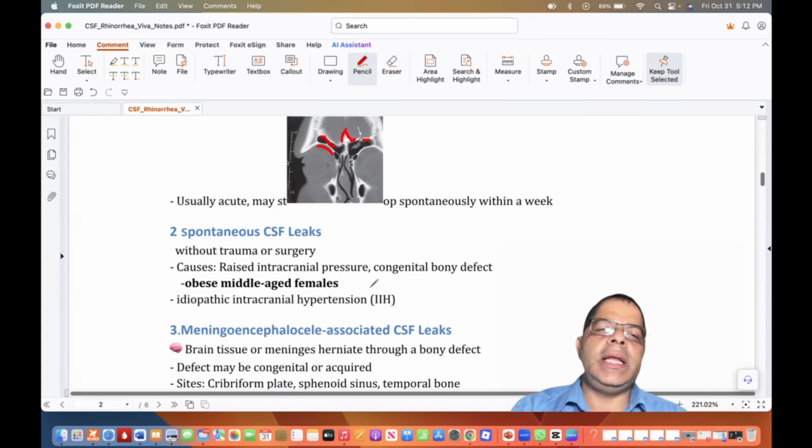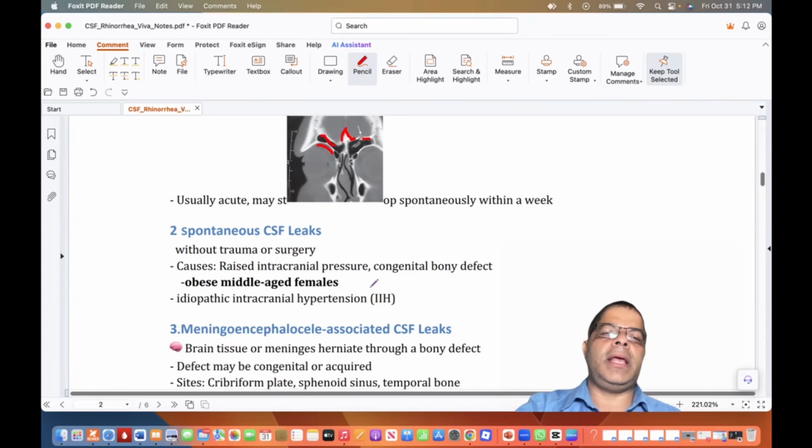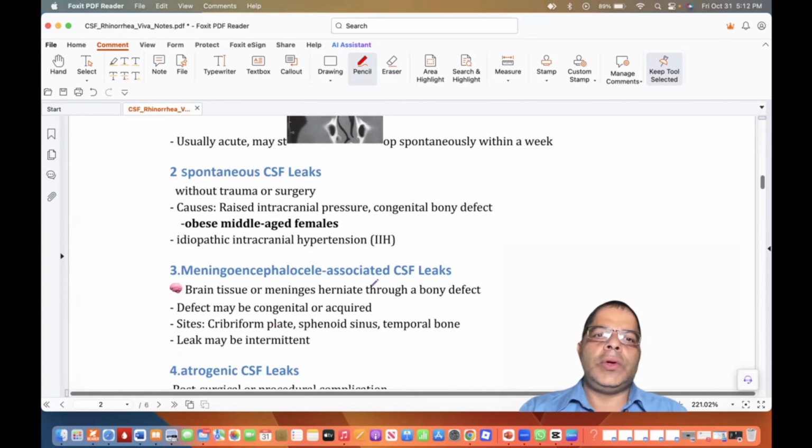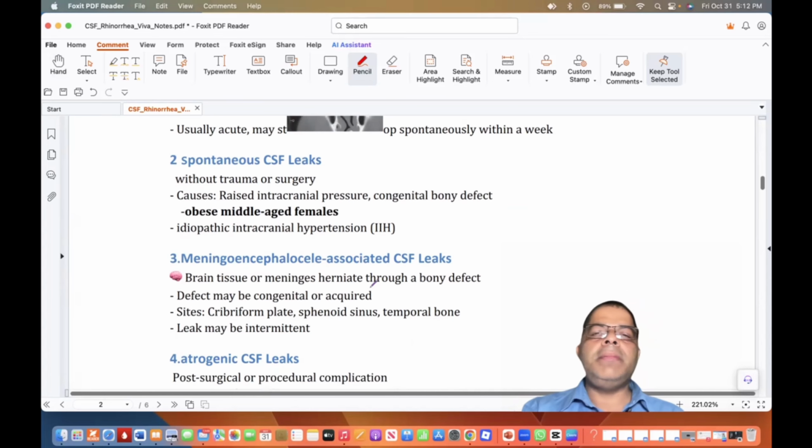The other type is spontaneous CSF leak. Here there is no trauma and no surgery, but there is a CSF leak. How is it possible? There is a rise in intracranial pressure. Maybe there is a congenital defect also, but I focus on the rise in intracranial pressure, which is important in most examinations, like any country's license exam, the American license exam, and the Australian license exam.